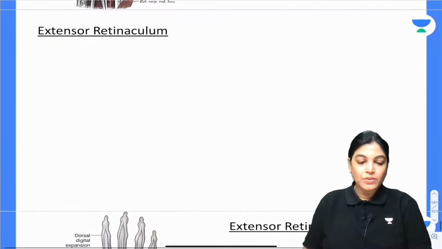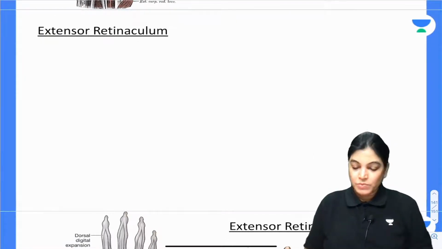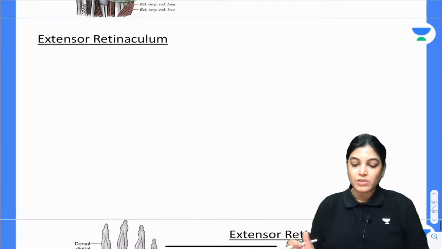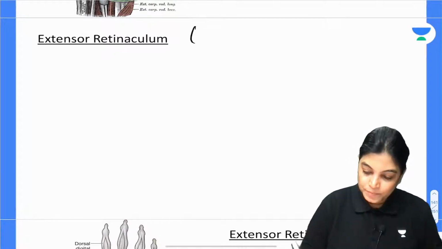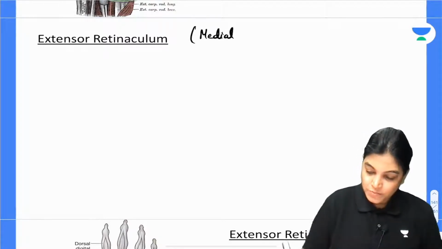Now I would like to tell about the attachment. Before starting with the diagram for extensor retinaculum, I want to tell about its attachment. Please write down medial attachment.